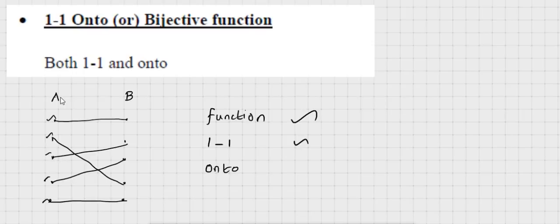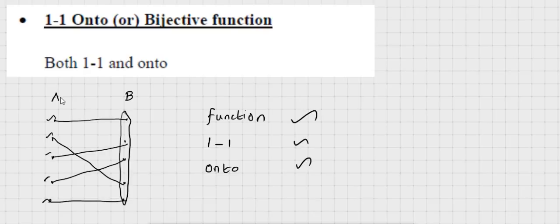Onto means just simply check all the elements in the output set were filled out. See here, all the elements of the output set were filled out, right? So onto is also satisfied. This is possible only if you take the same number of elements in both the sets.